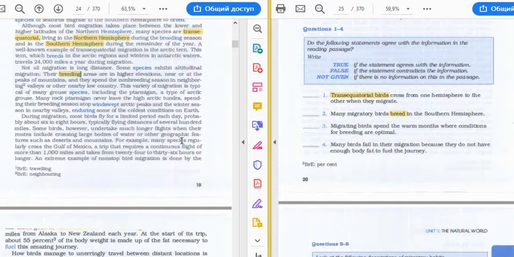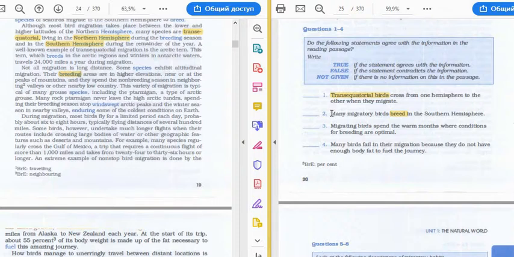So the answer to this question will be false, because it's not true that all of them go to the southern hemisphere. They were talking about transequatorial birds, but even they don't all go to the southern hemisphere. That's why the answer to this question will be false.